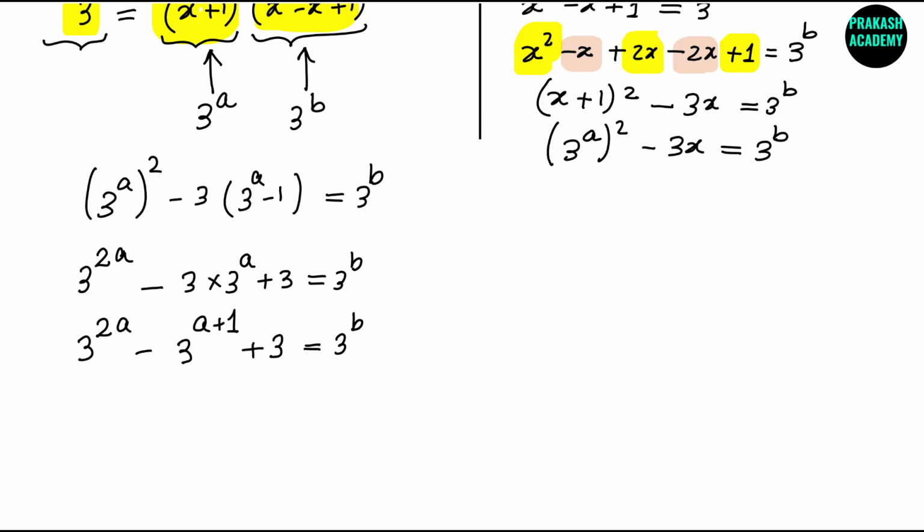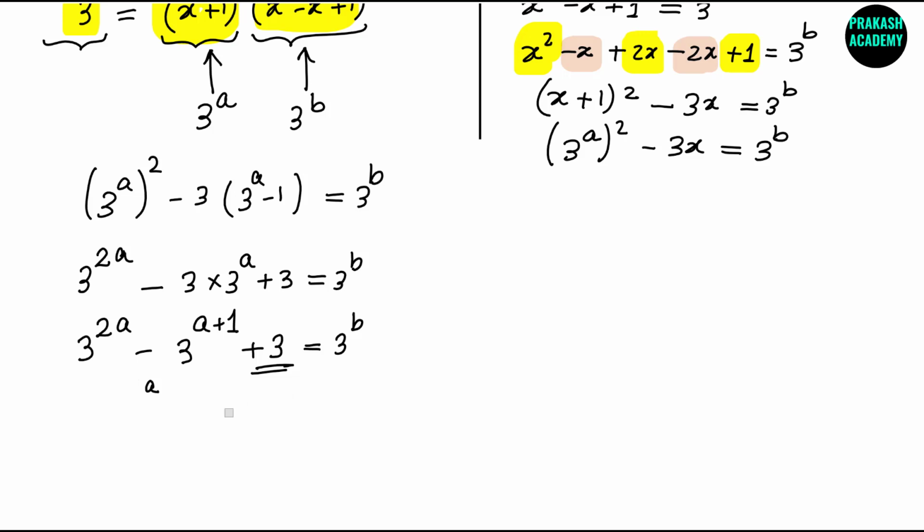Now we can take this term to the right hand side. So I will have 3 raised to the power 2a plus 3 is equal to, this term, the term of b, I can take this constant on this side. So this will be 3 raised to the power b.